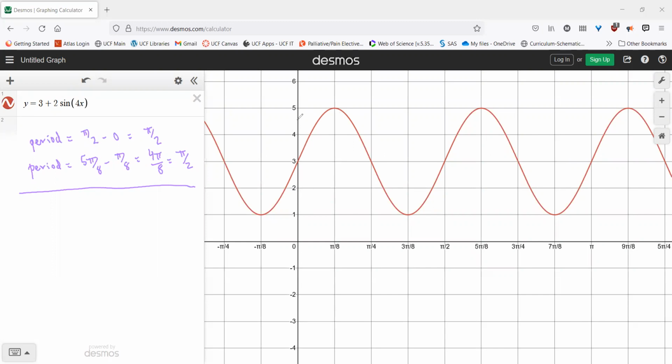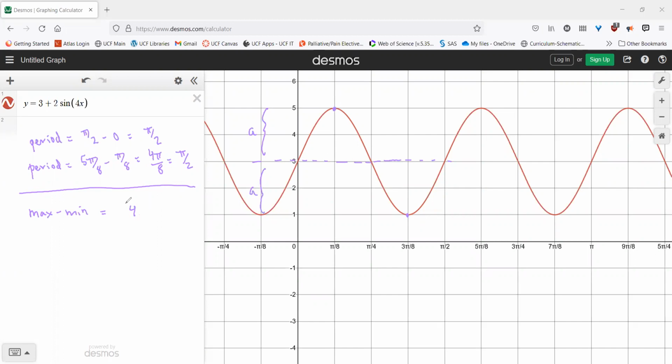Well, if you can't just look at it and tell what it is, you're going to have to use the maximum and the minimum. Okay, so the highest point on our graph is 5. The lowest point on our graph is 1. So maximum minus minimum is equal to 4. But that's not our amplitude. Remember that our amplitude goes up from the shift and down from the shift.